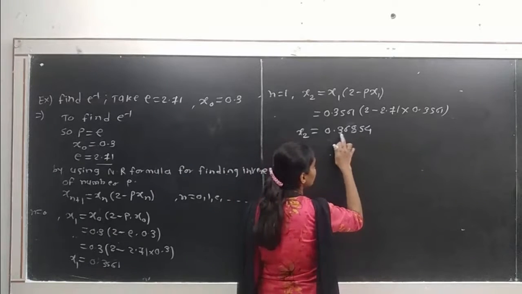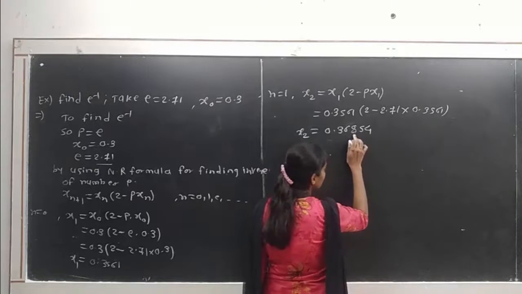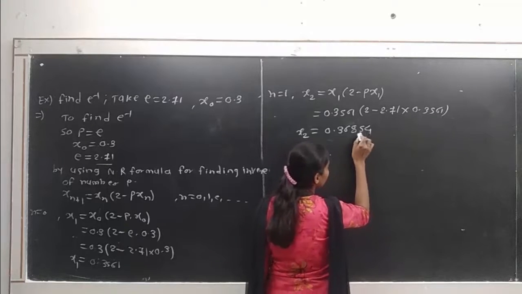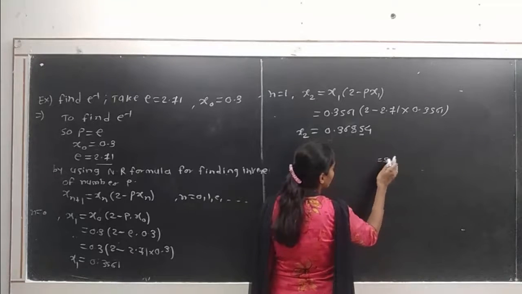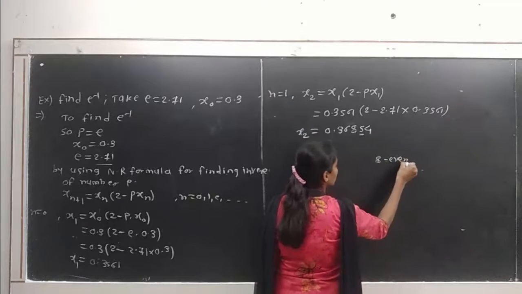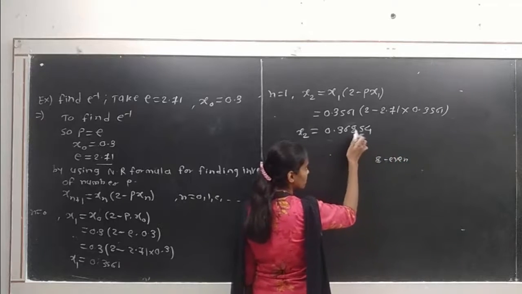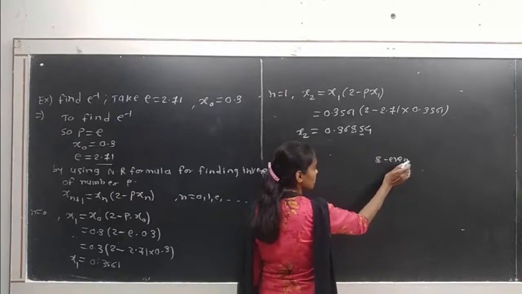If we round off this number up to 3 decimal places, the fourth digit is exactly 5 and the third digit is 8, that is even. So if we round off this number up to 3 decimal places, this 8 will stay as it is because it is even.